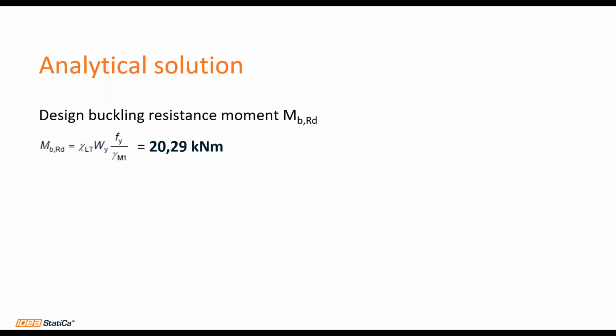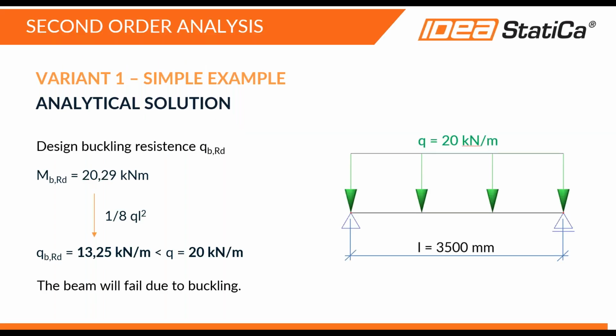And this is where we finish this procedure. We've calculated the moment, and this is the resistance moment of the beam, which is subjected to the stability losses or stability issues of the lateral buckling. So if I recalculate simply or determine from the value of the moment on this simple beam the linear load, right?